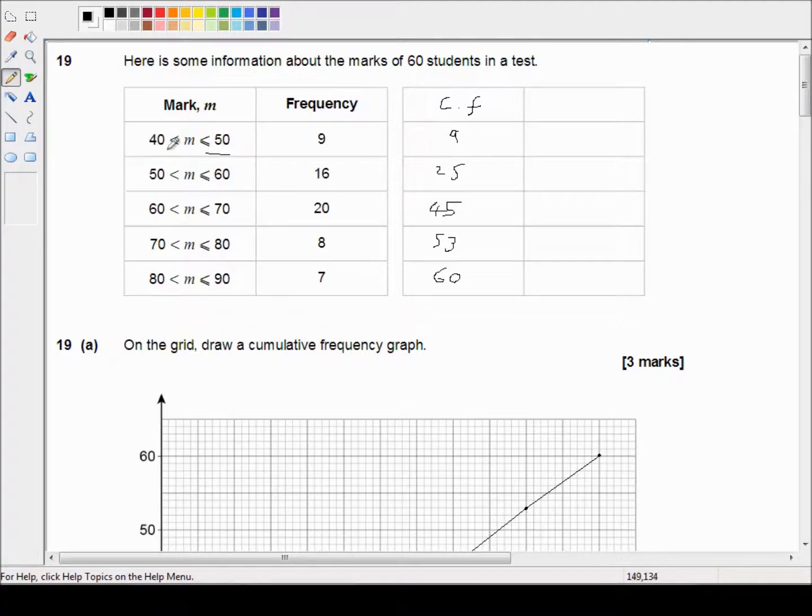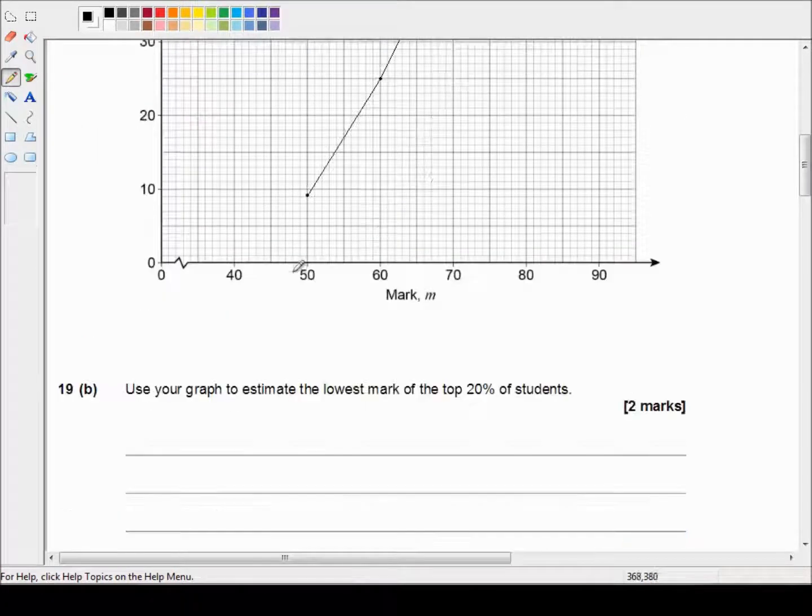You can score between 40 and 50, and 60 and 70 and 80 and 90. So the marks that we're plotting are at the very upper limit, because we're saying that 9 students scored below 50, 25 students scored below 60. So we're plotting our points at the upper boundary.